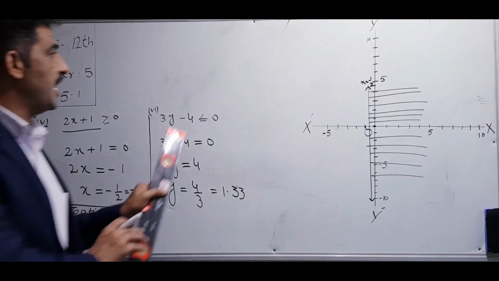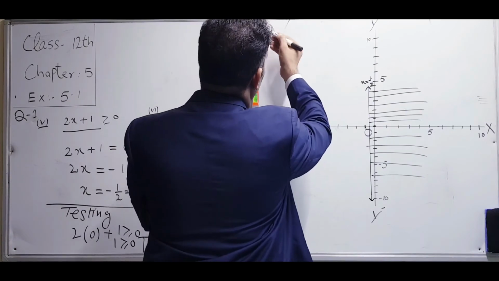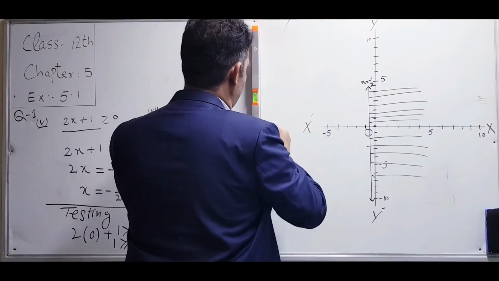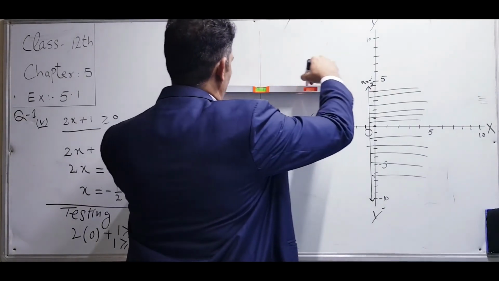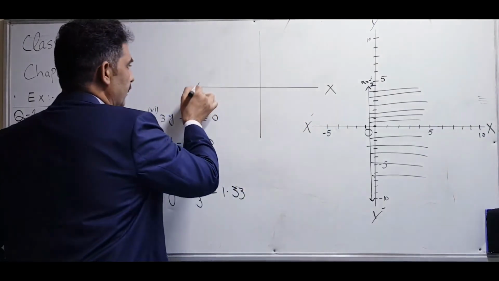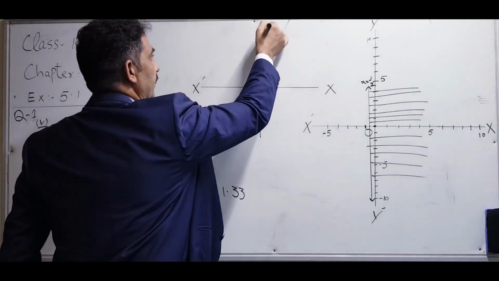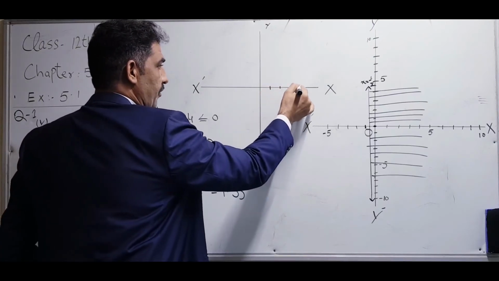first of all I need another graph. So I will make the graph for you. That is x dash, y dash, 1, 2, 3, 4, 5.